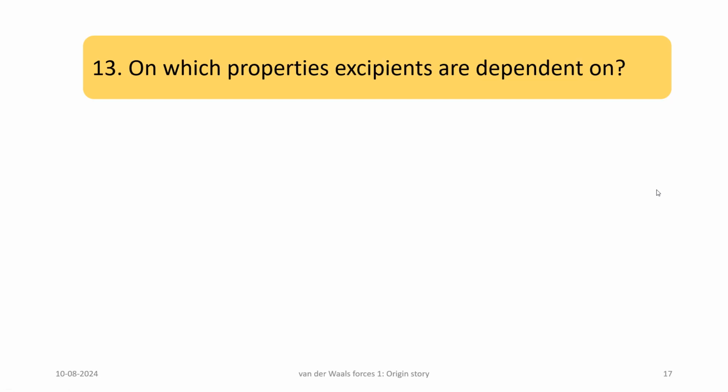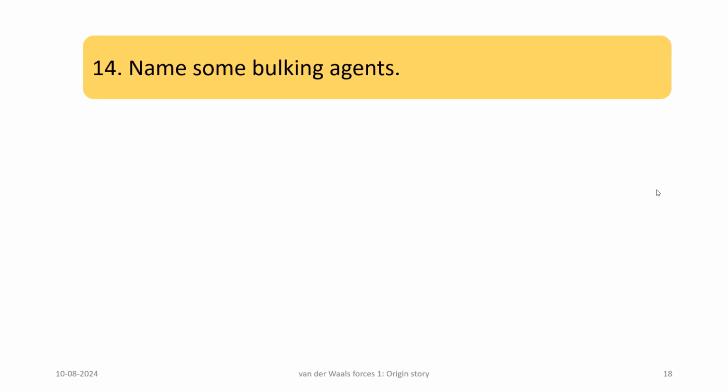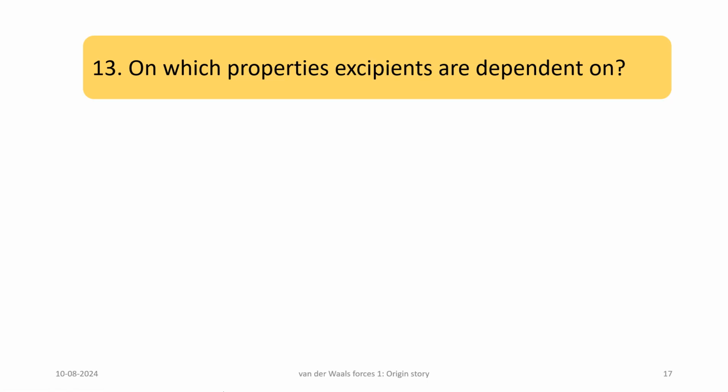Proceeding to the next question. On which properties are excipients dependent? The first one is the drug used for the granulation.